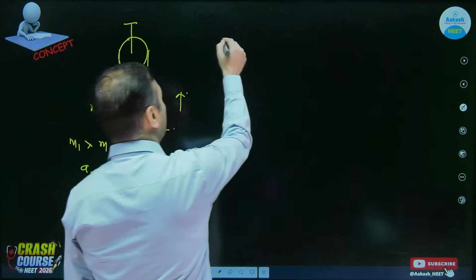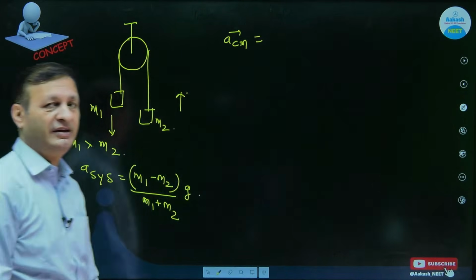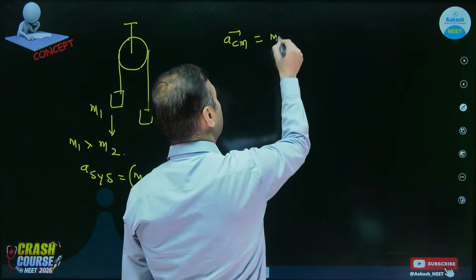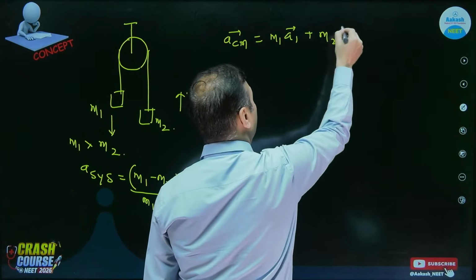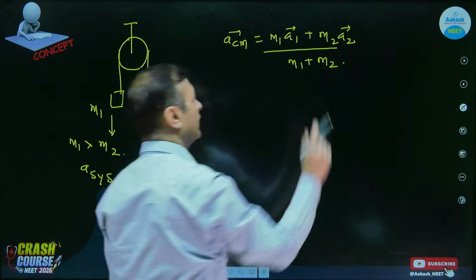But for the same situation, if I ask you the acceleration of center of mass, we keep it as m1 a1 plus m2 a2 by m1 plus m2.